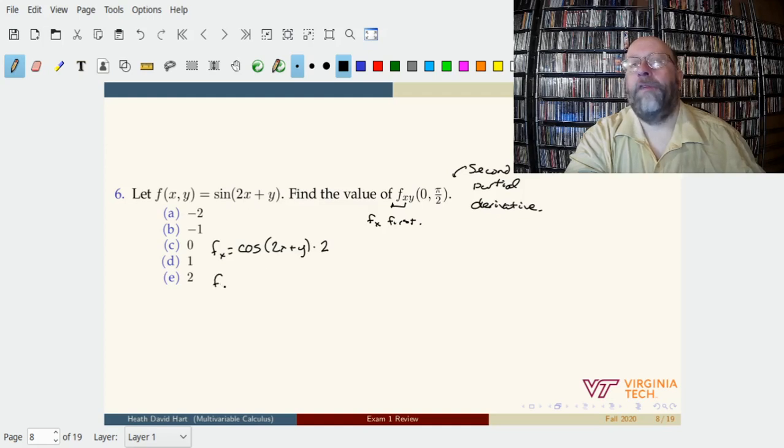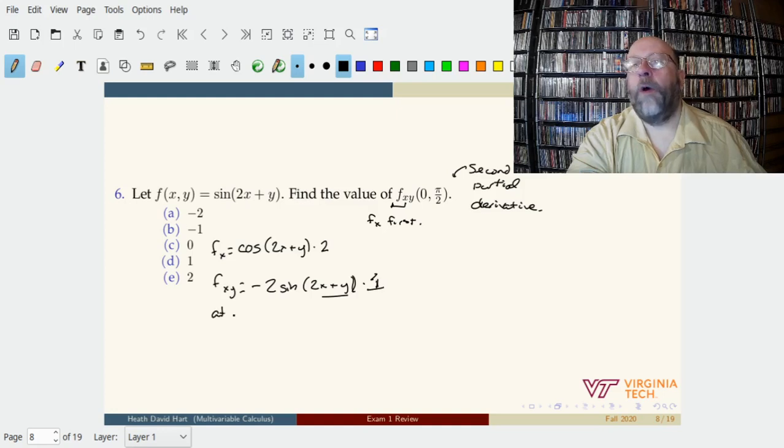And now f sub x y is going to be the derivative of this, and the derivative of 2 cosine of something will be negative 2 sine of that thing, times the derivative of what's in the parentheses. But this time we want the derivative with respect to y. Well, with respect to y, the derivative is 1. So this is times 1, which doesn't change the answer, but I'll go ahead and write times 1 there.